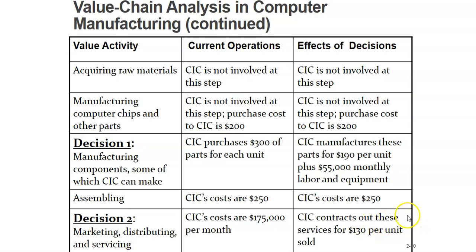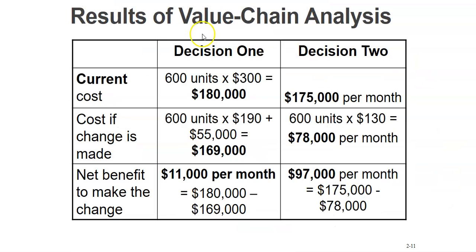So we take all of this information and we analyze it out like this. So our current cost, we currently have 600 units at $300 in parts. Our cost if the change is made is $190 per part.